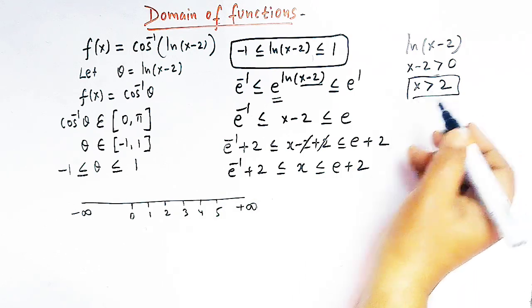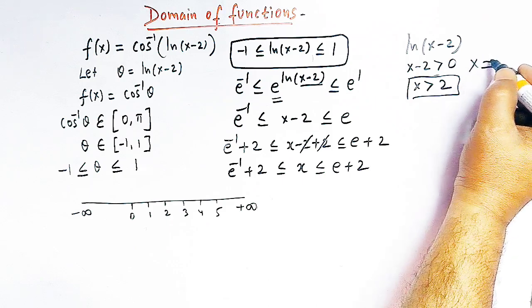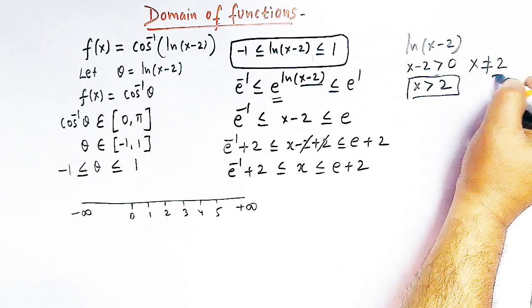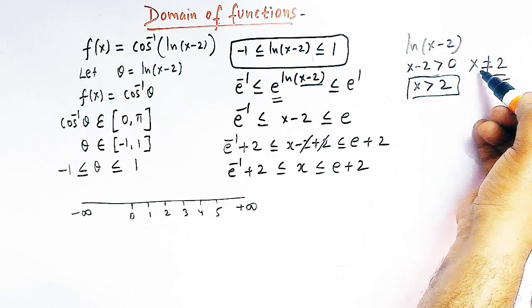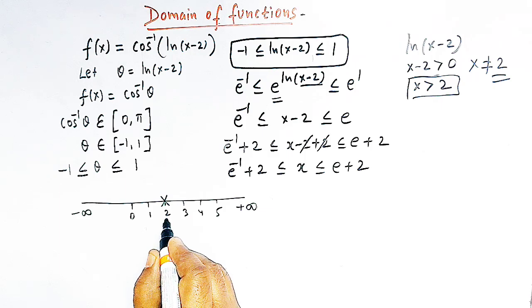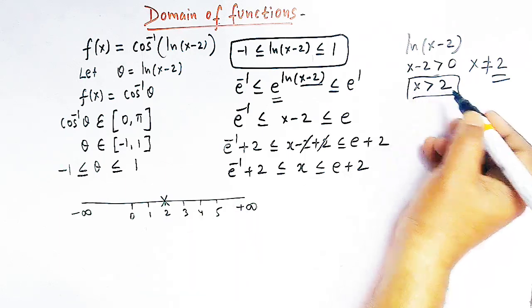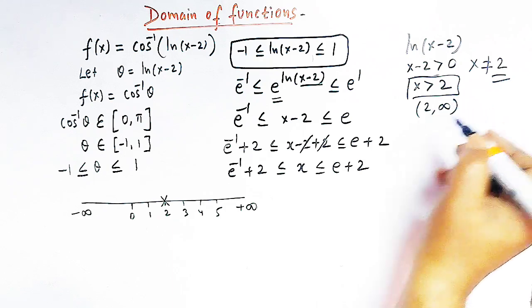And here x is greater than 2, and it is important to note that x is not equal to 2, right? So log of x minus 2 is not defined for x equal to 2. So we have to first discard x equal to 2. So x greater than 2 implies that we have the interval 2 to infinity.